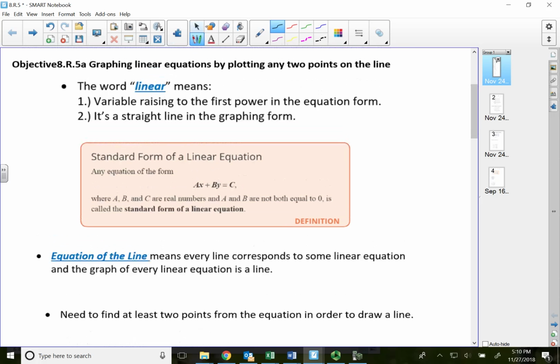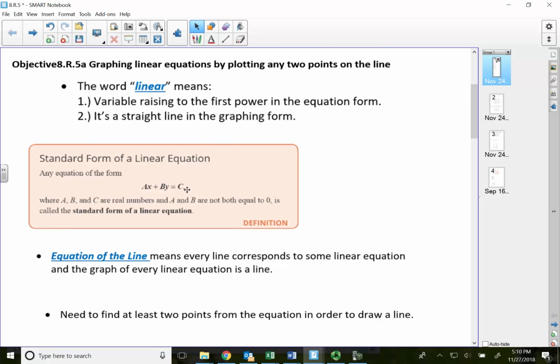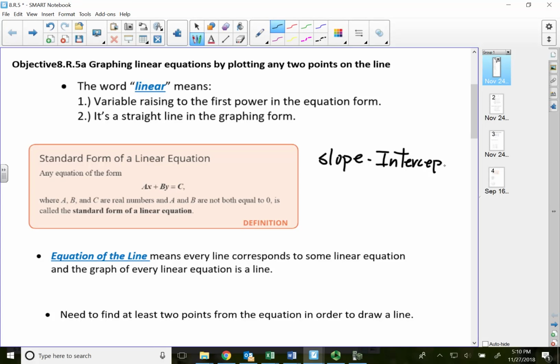There's actually another form I'm going to introduce here, which is called slope intercept form. Slope intercept form is where y equals mx plus b.